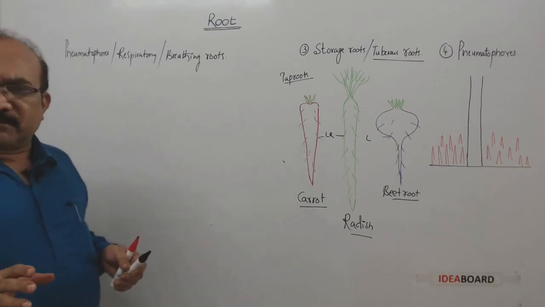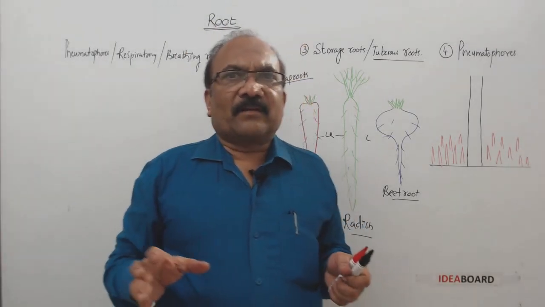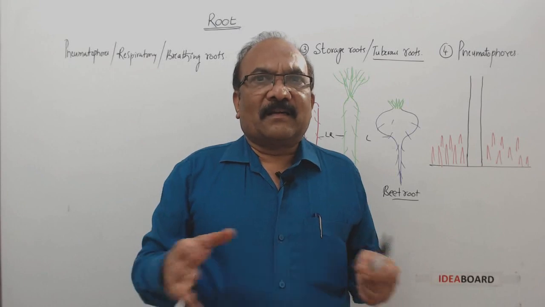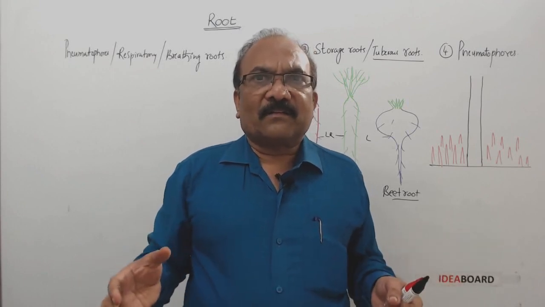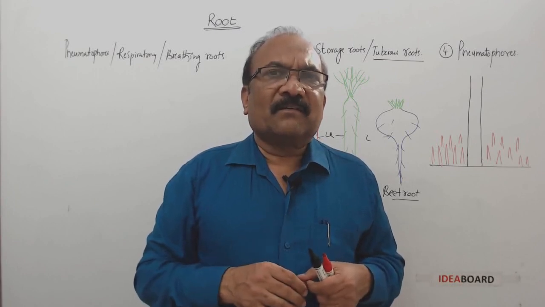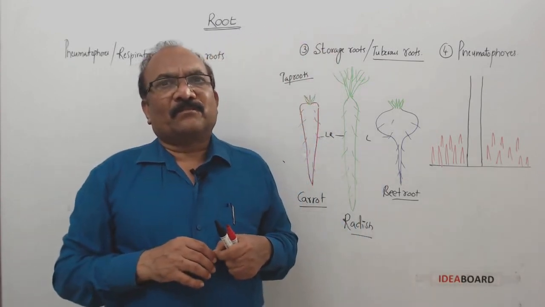And generally, don't forget, every root will respire, and for respiration, it does not depend on the shoot system; it takes oxygen on its own by diffusion from the soil atmosphere.